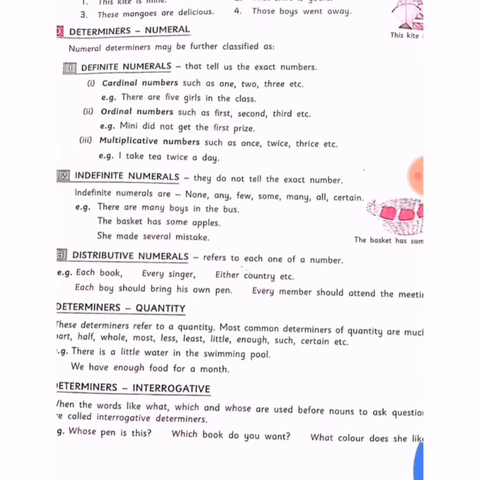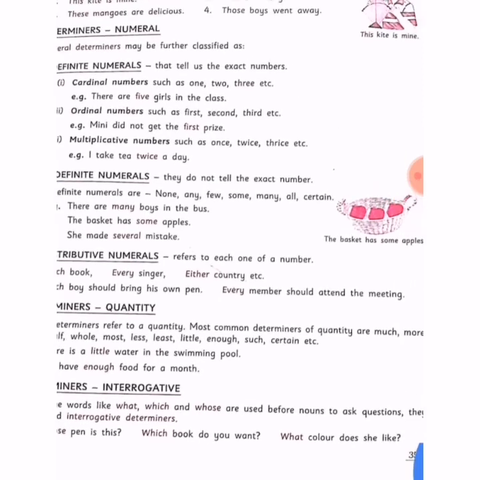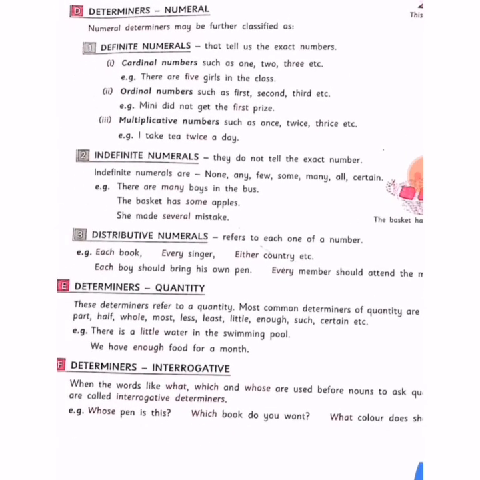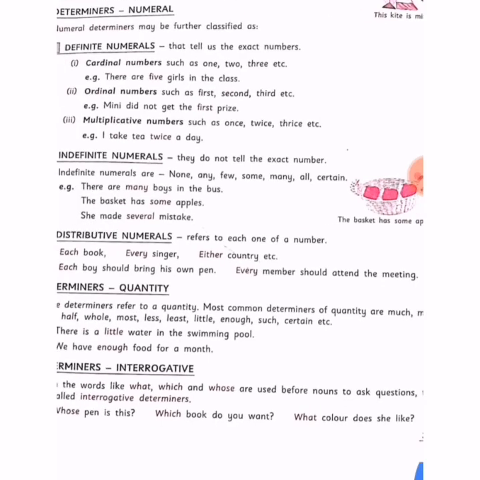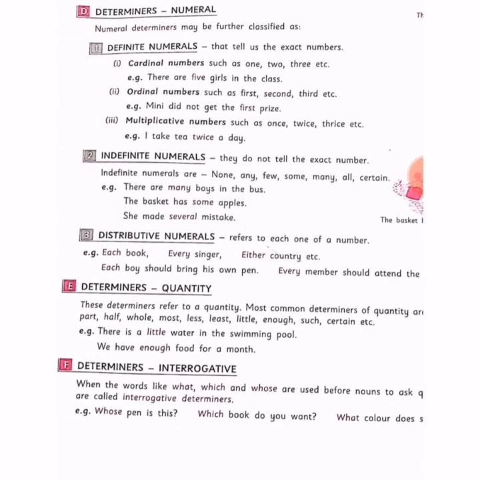Whenever we use what, which and whose before nouns to make a sentence in question form, like whose pen is this, which book do you want, what color does she like, these are all interrogative determiners.